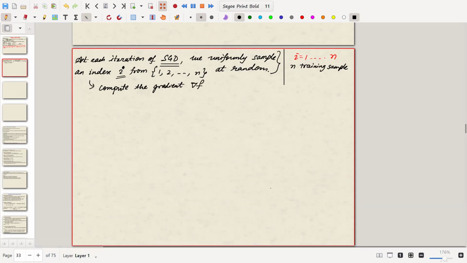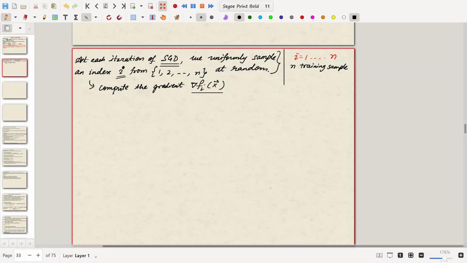It should look like grad fi at x bar. That's what we were doing: you have f of each training sample, and we summed it up and took the average. Randomly one of them, suppose the ith I am taking at random, so for that ith sample I have to take the gradient. That is what grad fi means.